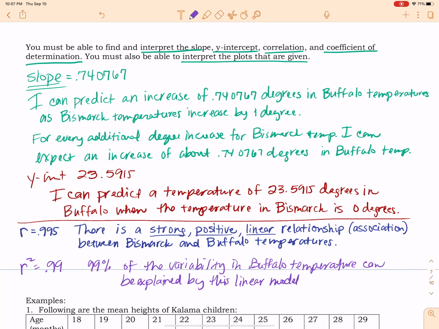Another way to think about that is the variability or the variation in temperature in Buffalo. 99% of that can be attributed to whatever's happening in Bismarck, sorry, because Bismarck is my explanatory variable. Isn't that cool? I knew you'd love it.